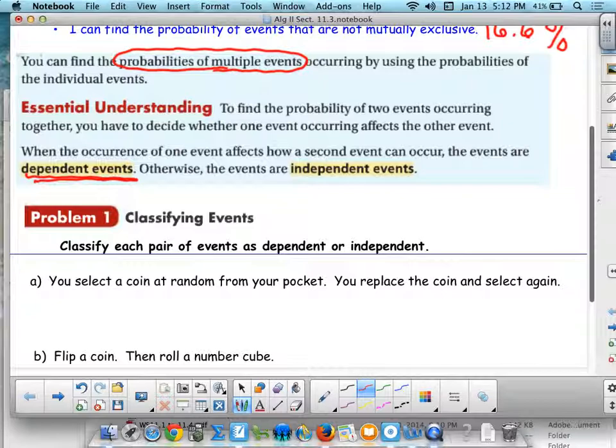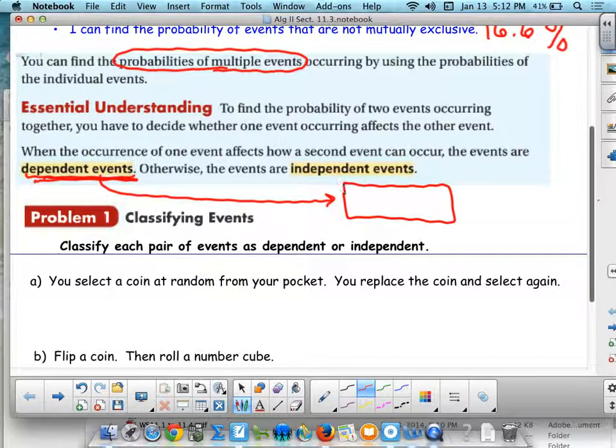Just to give you a quick shot of what dependent would be, I'll draw a little rectangle here and call this my sock drawer. In my sock drawer at home, I have 4 blue socks and 6 white socks.